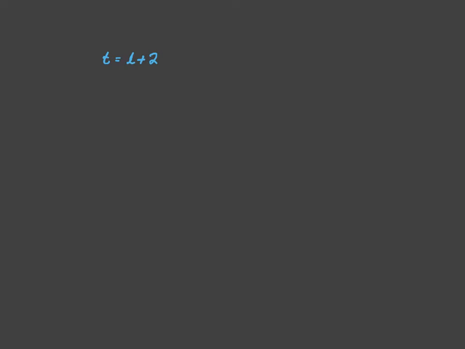You could say 5 is equal to 3 plus 2, in which case T would be equal to 5 and L would be equal to 3. Or you could say 11 is equal to 9 plus 2, in which case T would be equal to 11 and L would be equal to 9.